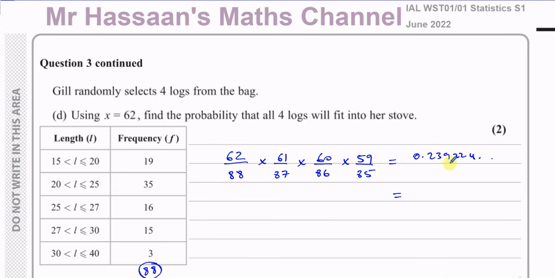Rounding to 3 SF, this is going to give me 0.239. That's the probability that all 4 of the randomly selected logs picked from the bag will fit in her stove. So that's question 3, part D.